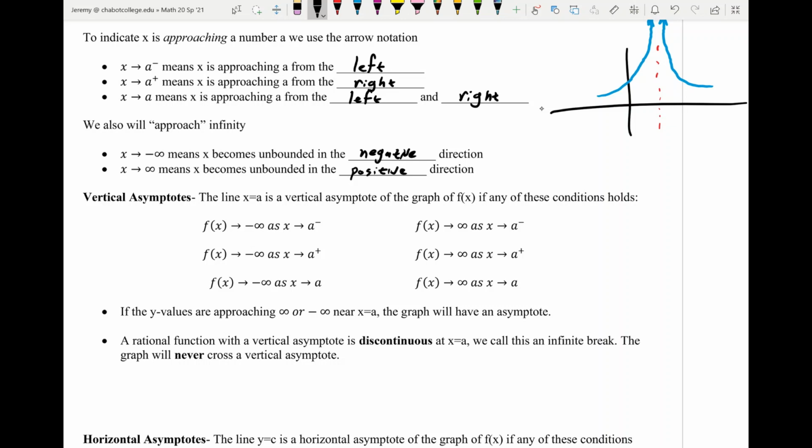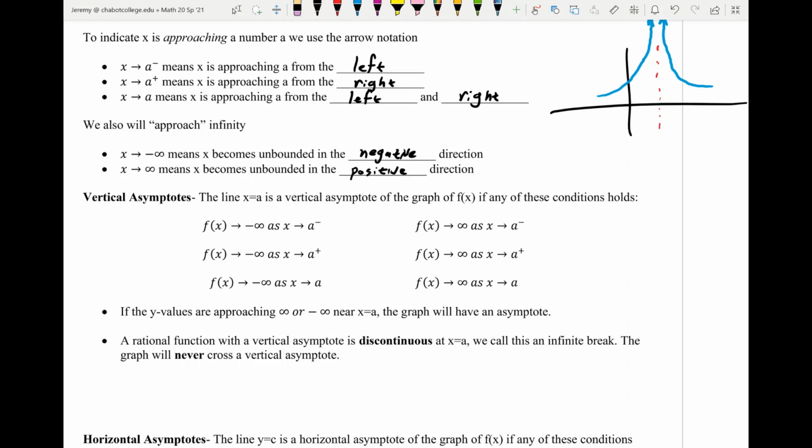So if f of x goes to negative infinity as x approaches a from the left, or as x approaches a from the right, and basically if we see the output values going to positive or negative infinity from the left or to the right of some particular x value, or both, then that means we have an asymptote.